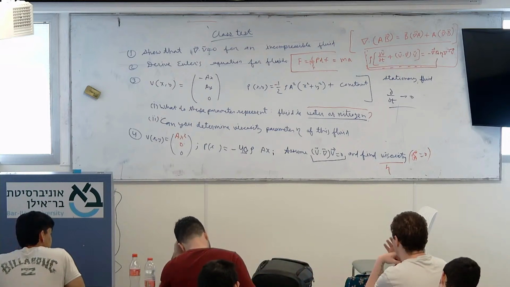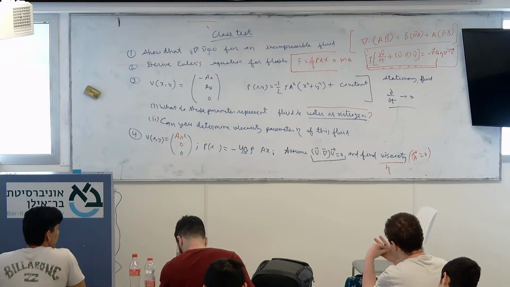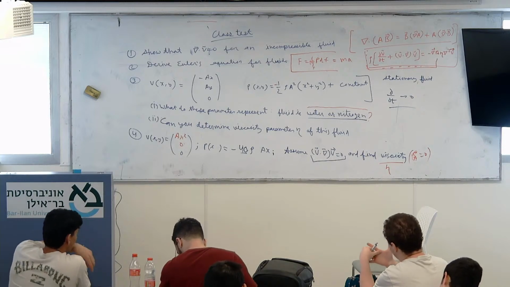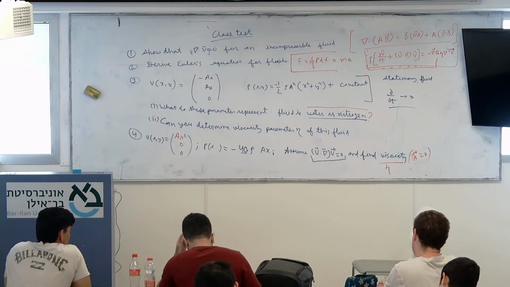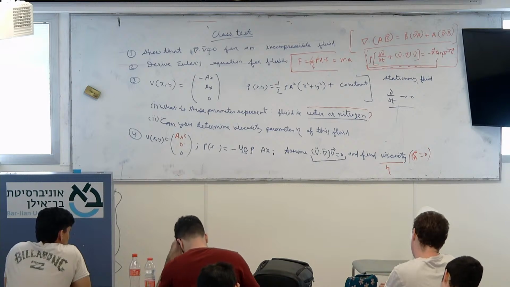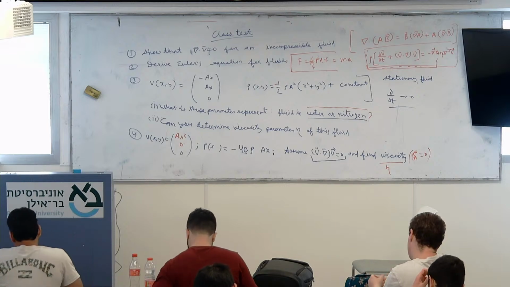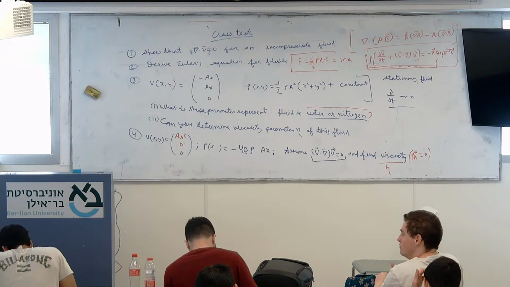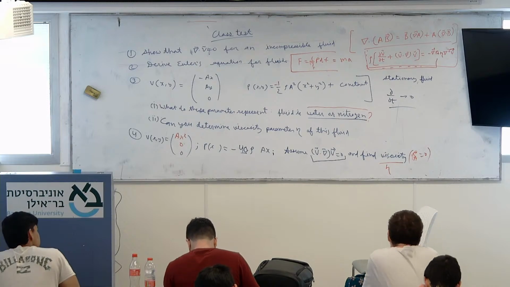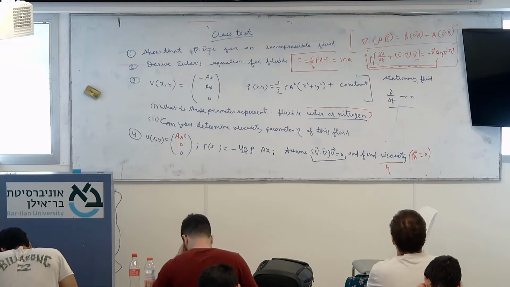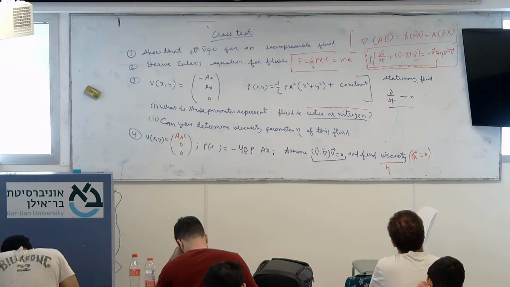What about the correlation between velocity and pressure? What do you mean by the correlation? Like F equals ma, the correlation between force and acceleration. So there's a correlation between velocity and pressure. Check that.